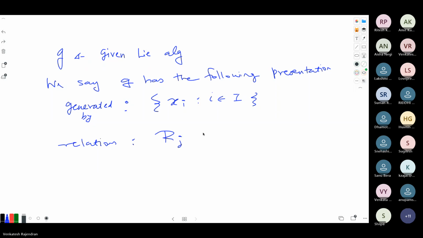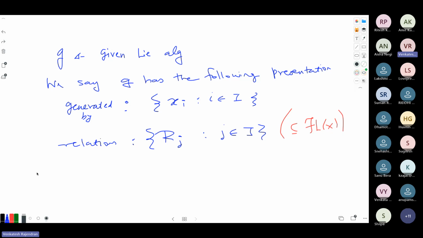So this R_j could be anything, like some combination of Lie monomials. Basically this is a subset of FL of X. Broadly, that's what it is.